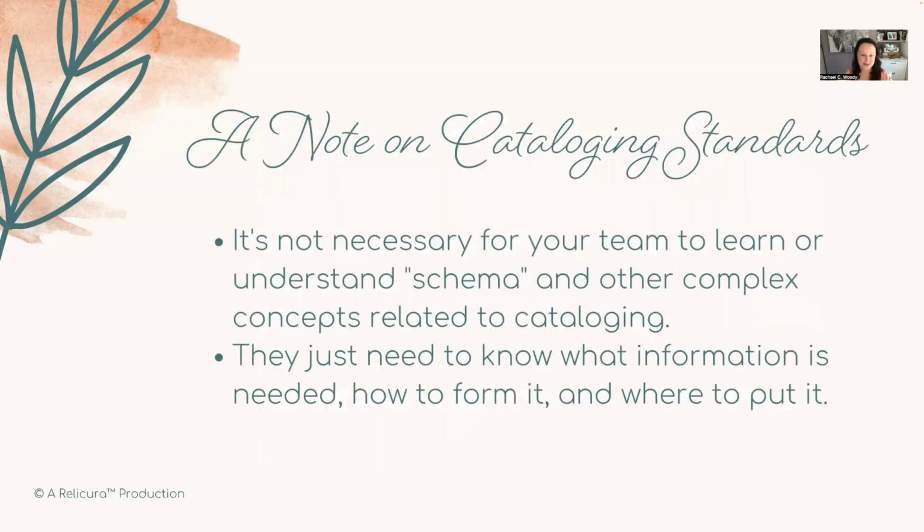All right, a note on standards before I have us move on. It is not necessary for your team to learn or understand schema or any of the other complex topics or concepts that we talked about related to cataloging.